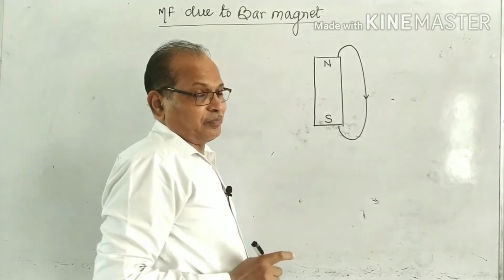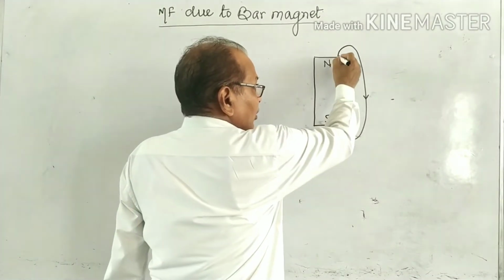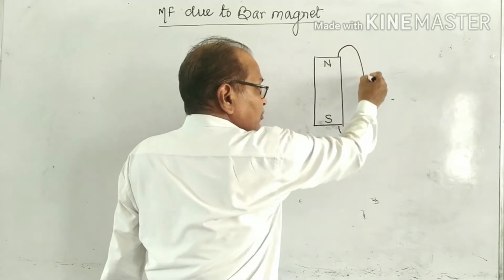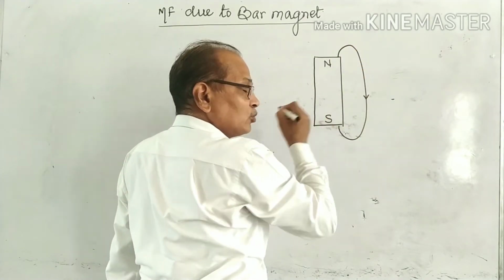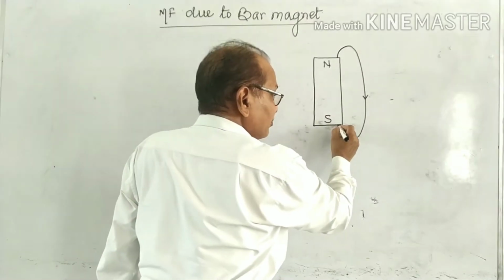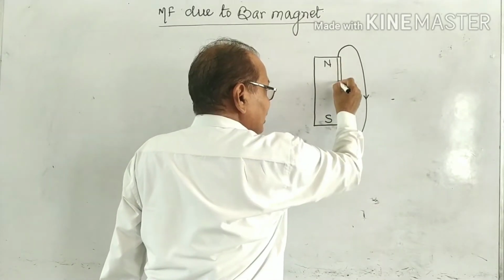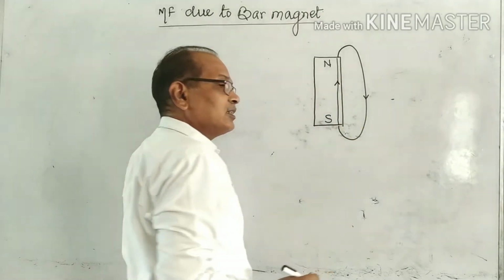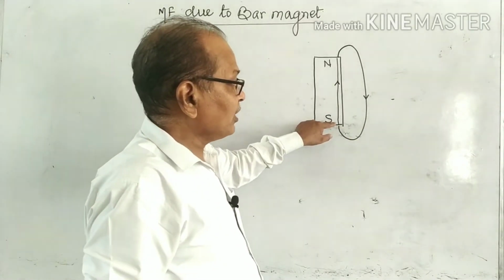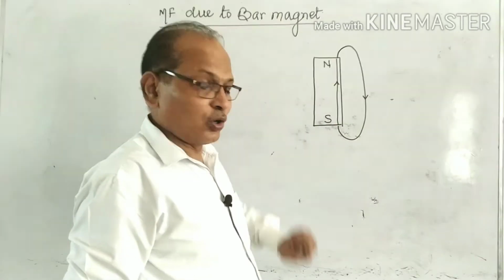And remember, outside they come out from the north and end at the south, but again they move within the magnet like this. That is, field lines are moving from south to north inside the magnet.